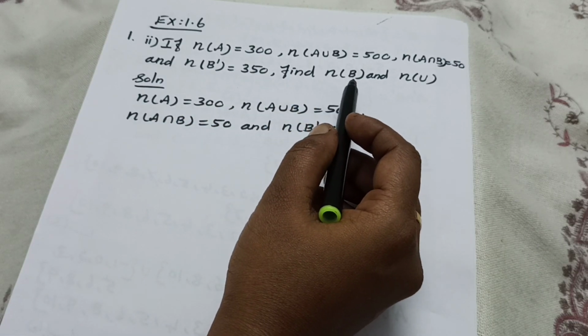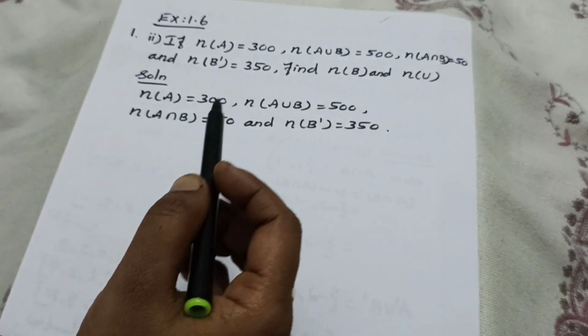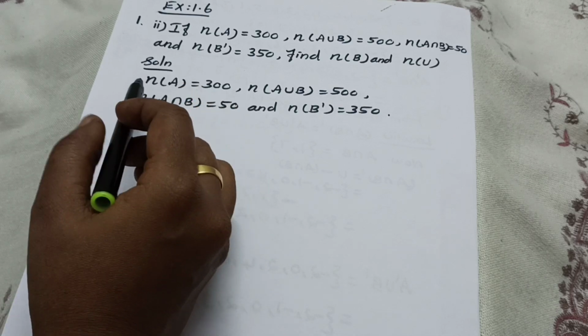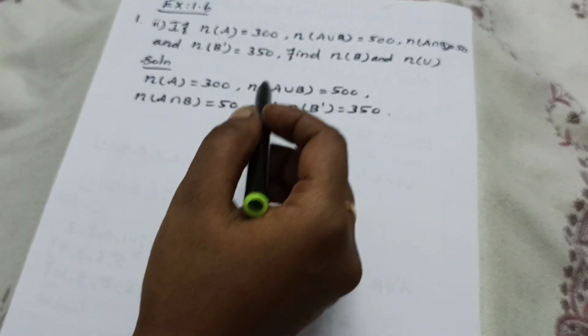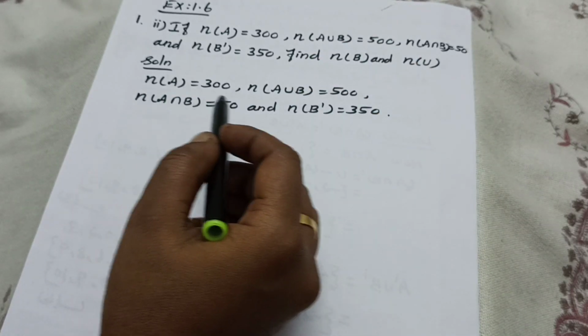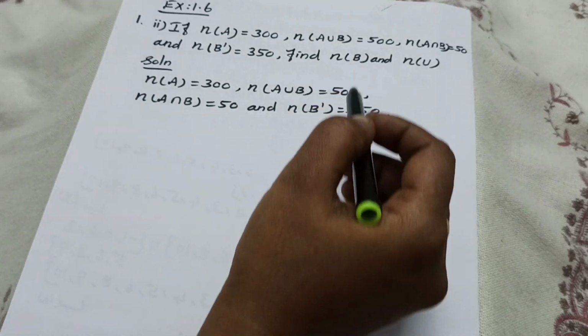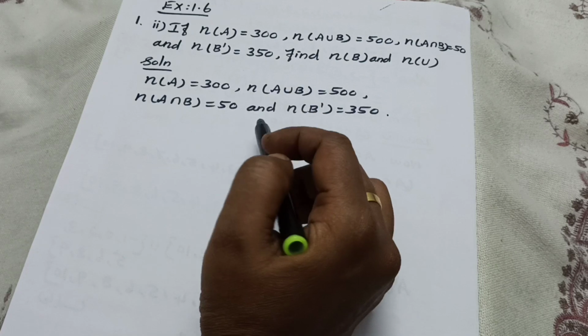Find n of B and n of U. Okay. Then solution. Here what is given, first write it. n of A is equal to 300. Then n of A union B. Then n of A intersection B is 50. Then n of B dash is equal to 350. Okay. Everything you should write it.